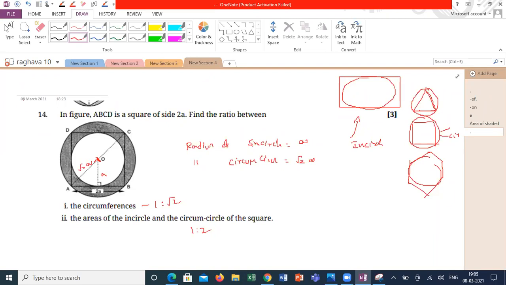Sir, for the first one, I got it as 1 is to root 2. Okay. Try the second one also. I wrote the answers also here. Just check whether you are getting the same answer or a different answer. If it is different, we'll see which one is correct.